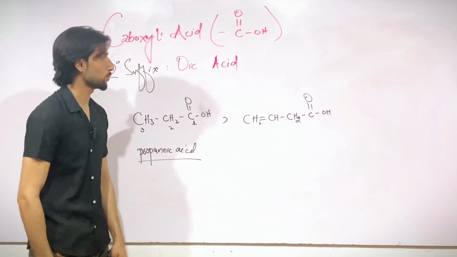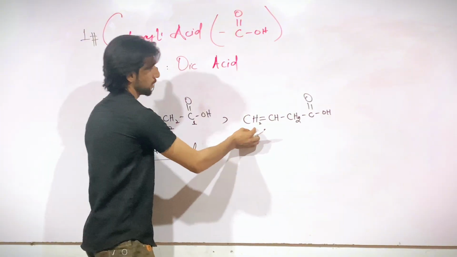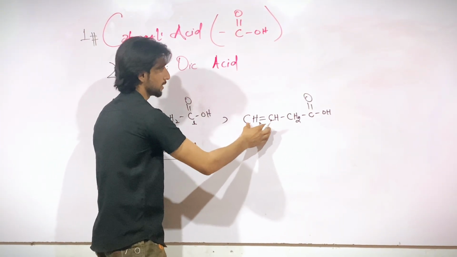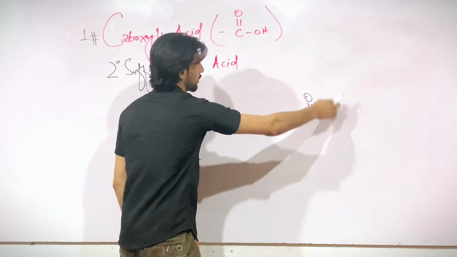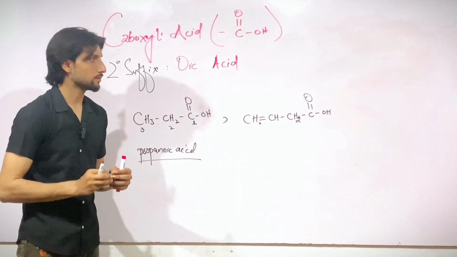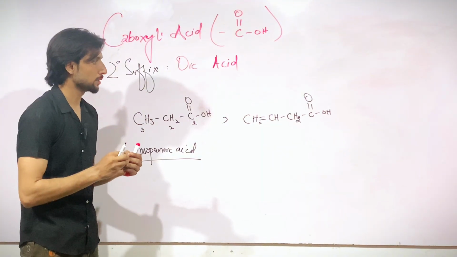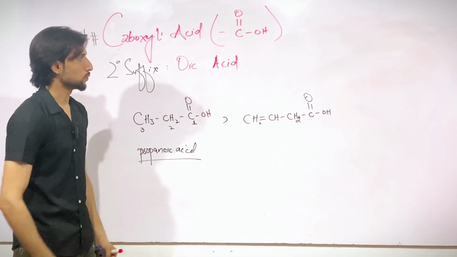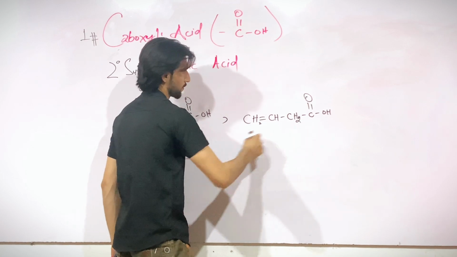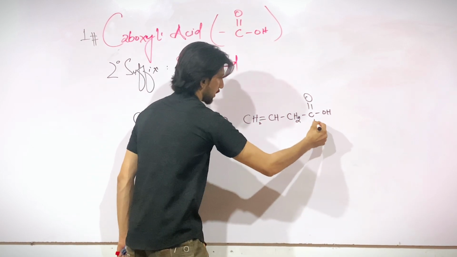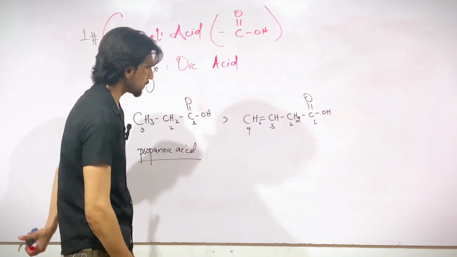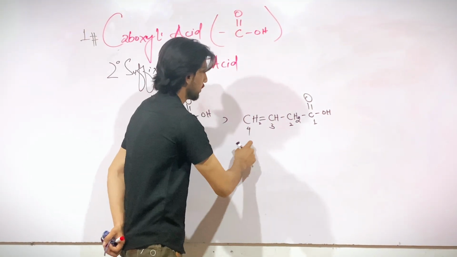Here we have the option to give priority to the double bonded carbon, or to give priority to our functional group. You must remember this functional group is prior to a double or triple bond. So the functional group gets priority. We'll start numbering from the functional group end, so this becomes 1, 2, 3, and 4.